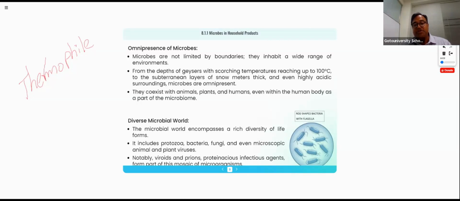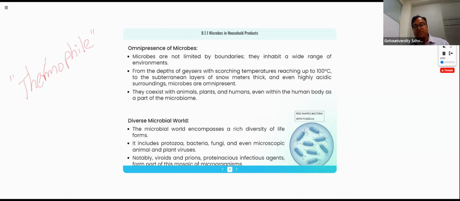High temperature withstanding bacteria are called thermophiles. These bacteria are very, very important for the production of valuable enzymes which have the ability to digest protein. We know very well the diverse microbial world.